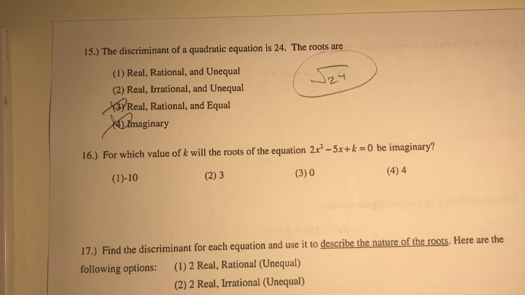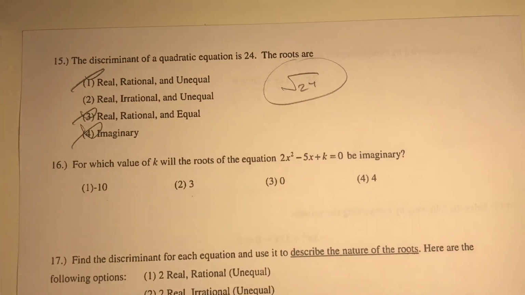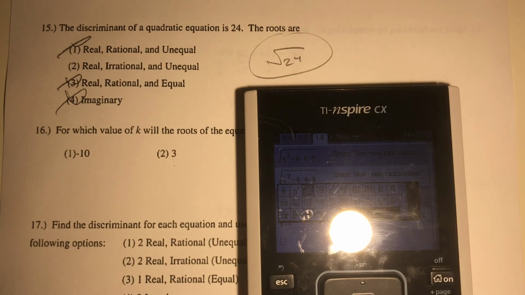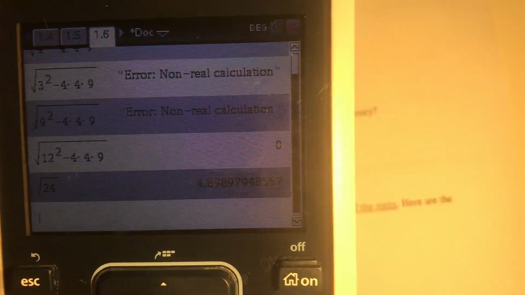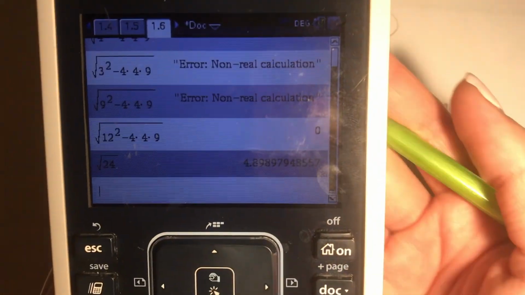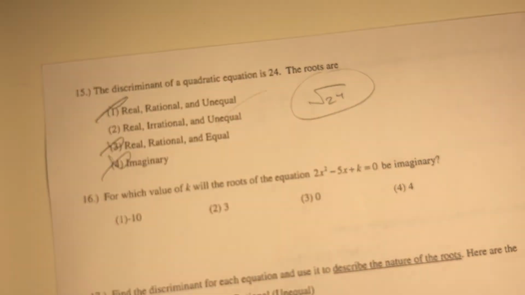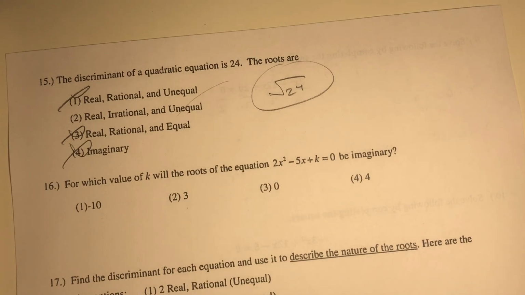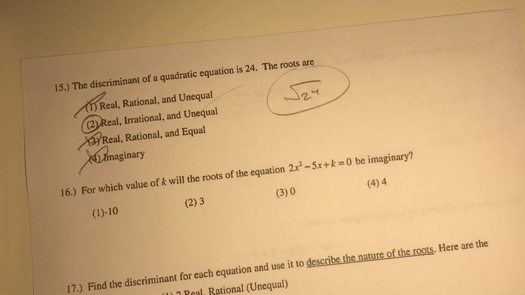If you say no, then you are correct. If it's real, irrational, and unequal, we can prove this with our calculator. If we hit the square root button and put 24 in there, we get a nasty number. Sorry, I said negative, it's a positive number, but it's nasty with all those decimals, so it's going to be number 2.